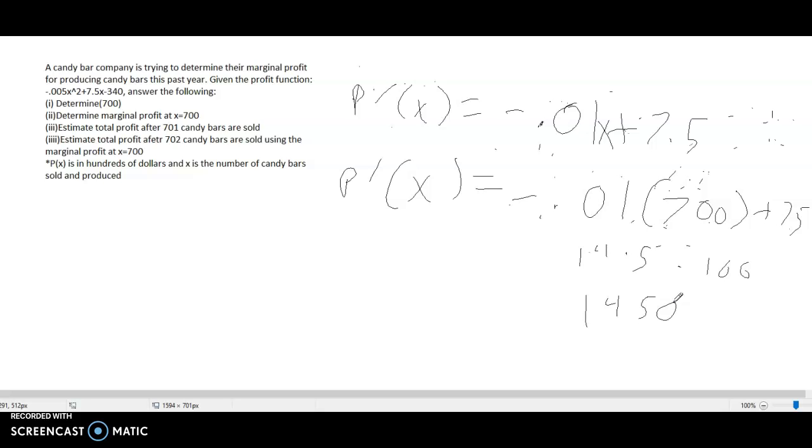On to the third question, which tells us to estimate the total profit after 701 candy bars are sold.